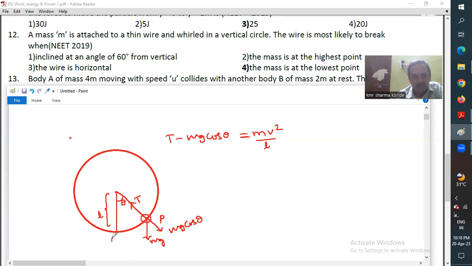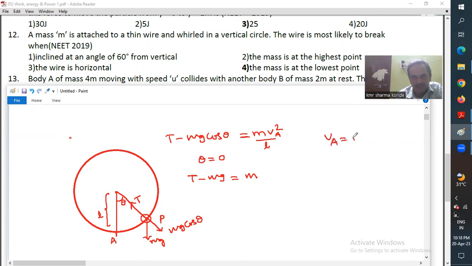Now when it is at point A, the string makes an angle 0 with the imaginary vertical. So if theta is 0, then T minus mg cos 0, which is 1, is equal to mv square by R. When it is at A, you might know the velocity it possesses to complete the vertical circle is root of 5 gR, as we got in the previous videos.